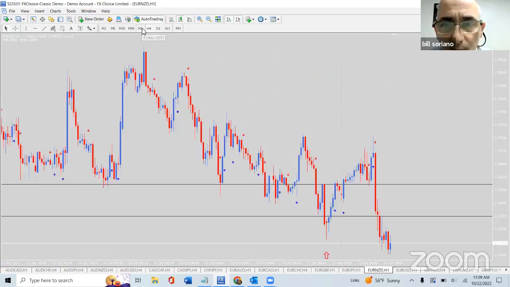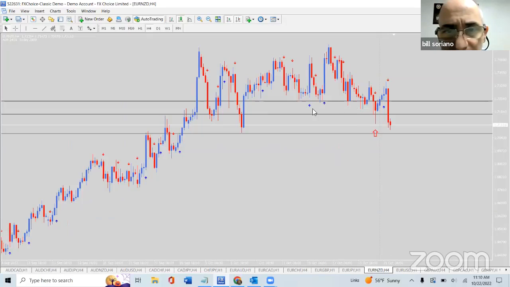Okay, let's drop down to the 1 hour here. Okay, so when this came out, this right here is where we took this trade. What do you have right here? Okay, so price comes down through our area of interest here, right? Price comes down through our area of interest.